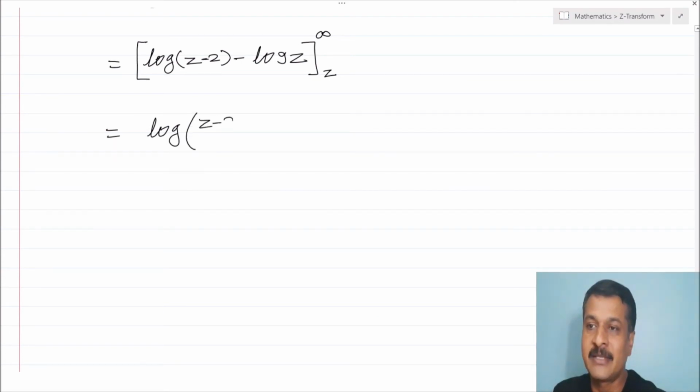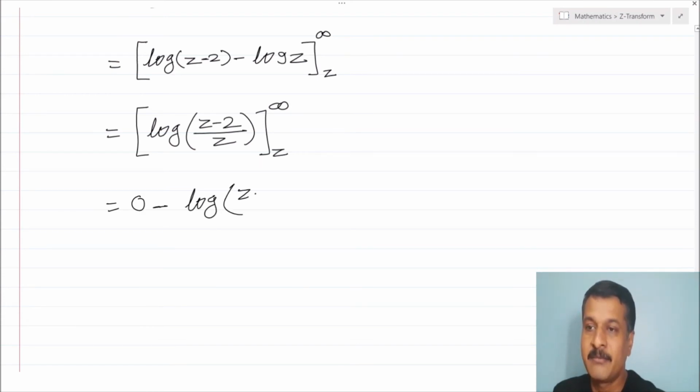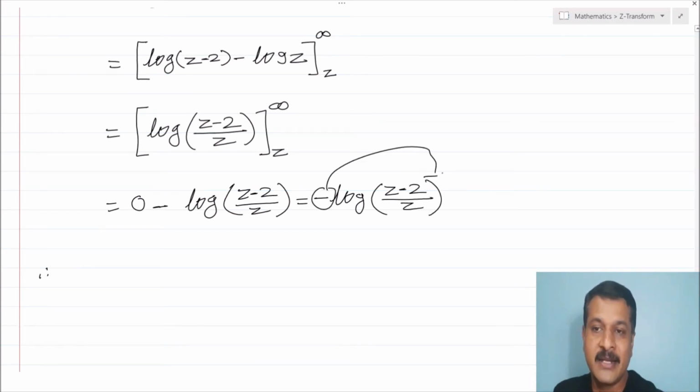I am getting log of z minus 2 by z, and here lower limit is z, upper limit is infinity, and as z tends to infinity I am getting 0 minus log of z replaced by z, means z minus 2 by z. So therefore I am getting it is a minus log of z minus 2 by z. So this minus you adjust here, it is an inverse, and that is why it will be reverse.